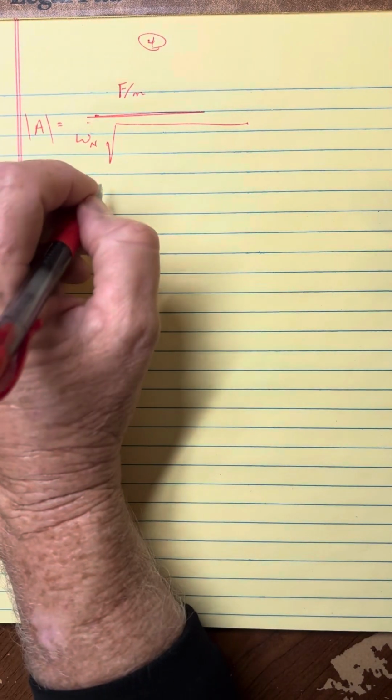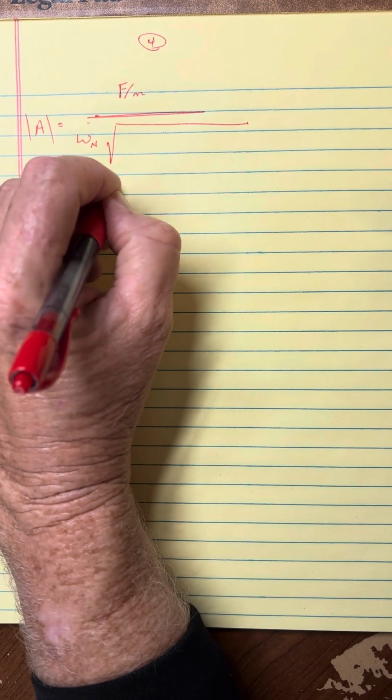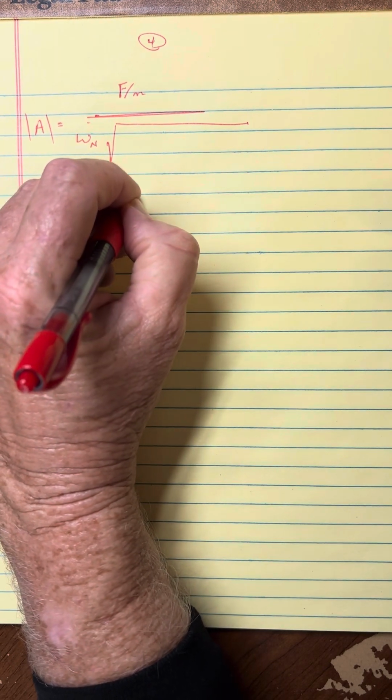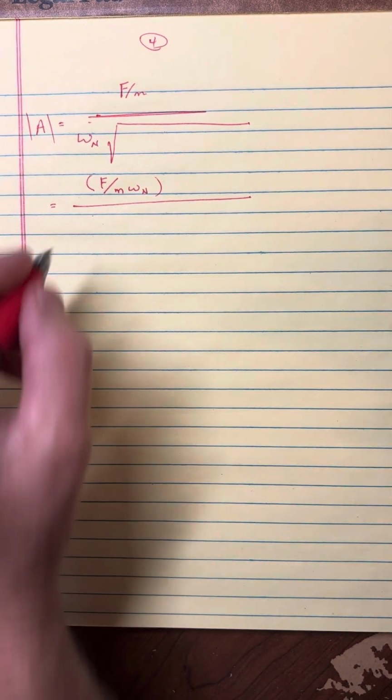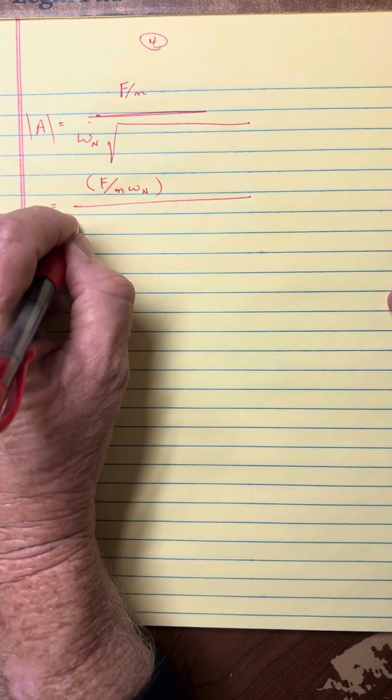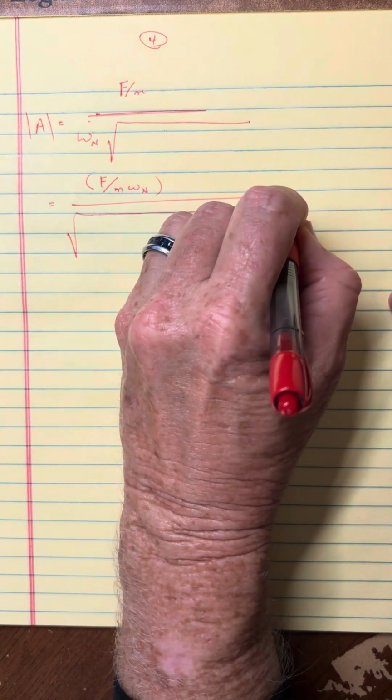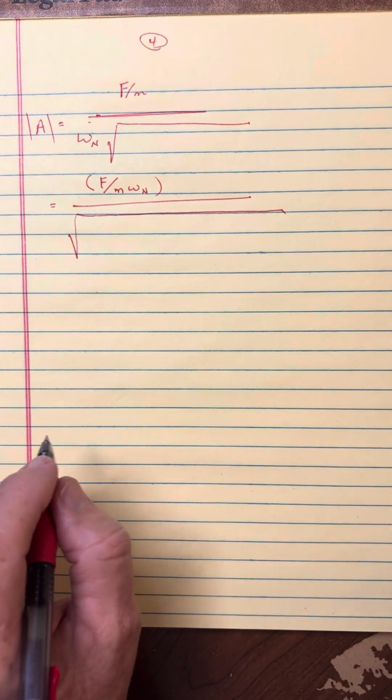Sometimes it's even worth putting F over M natural frequency in the numerator, okay? Because you get kind of a nice pattern too. There's some advantages of this one. This is not all that bad of a choice.